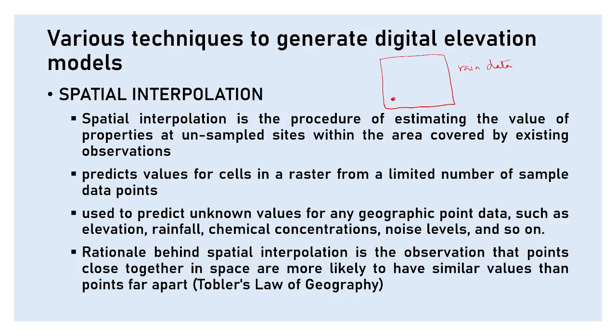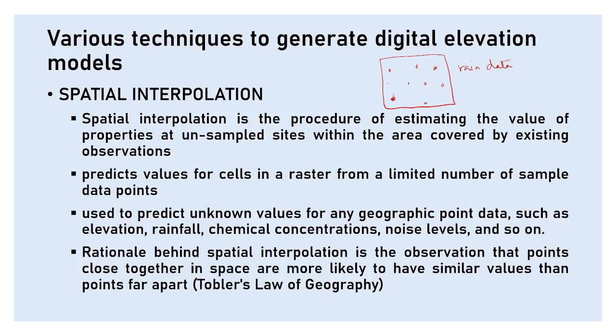We need to get it for this entire area, but it's a very huge area and it's not possible to get the information on every little point. So we strategically choose certain points, just some random points, but it's better if you can choose them strategically, so that you can estimate the value of nearby areas using these sample sites. That is known as spatial interpolation.